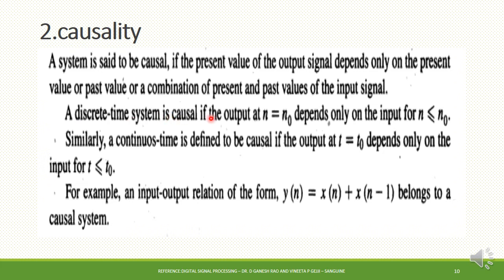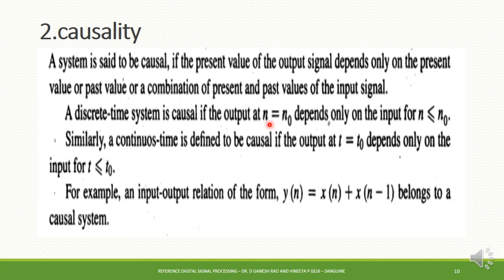A discrete time system is causal if the output at n equal to n naught depends only on the input for n less than or equal to n naught. This is the one condition. When are we going to say that the discrete time system is causal?